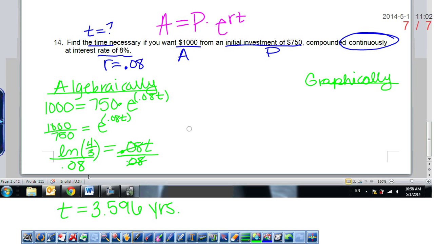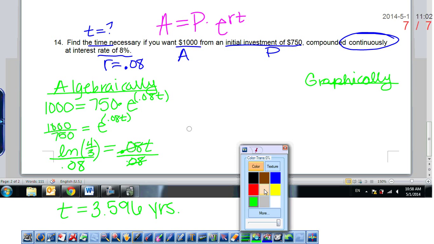Do not round in the middle. You would not have wanted to use 1.3 or something for the 4/3, or even 1.33. Don't round at any time till the very, very end in these problems. Okay? All right, let's talk about how to do this graphically.